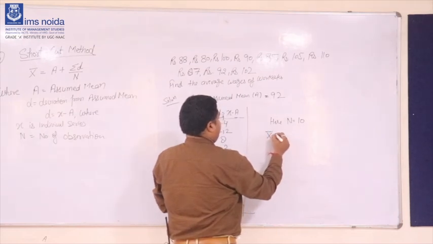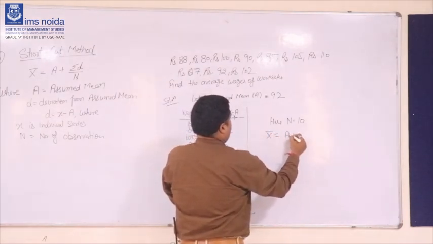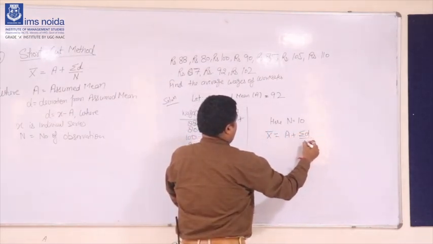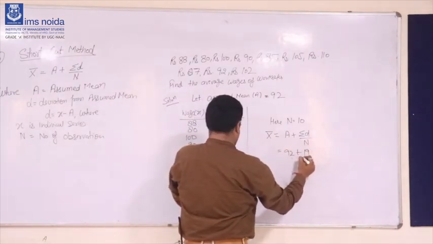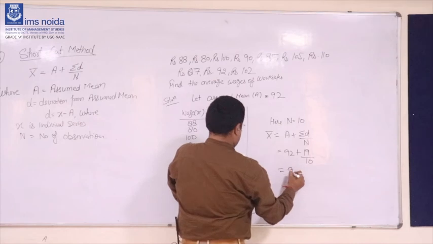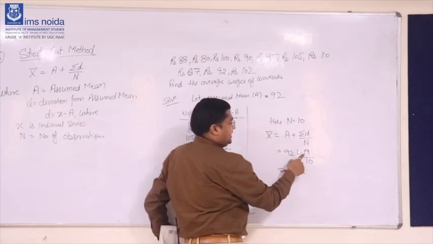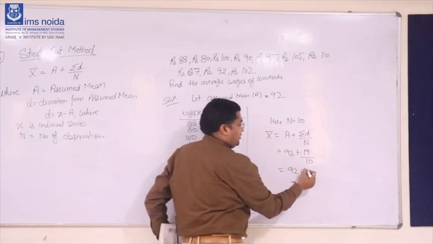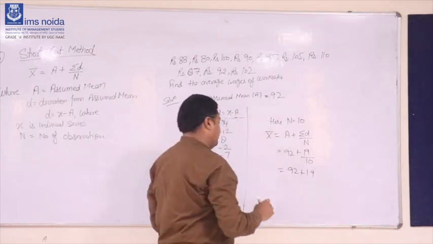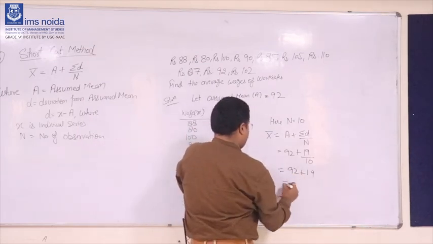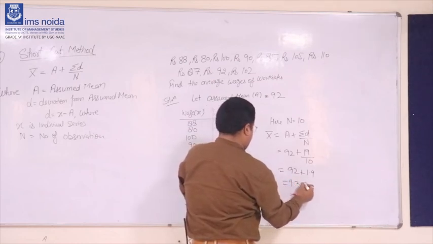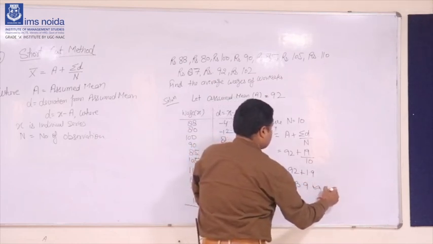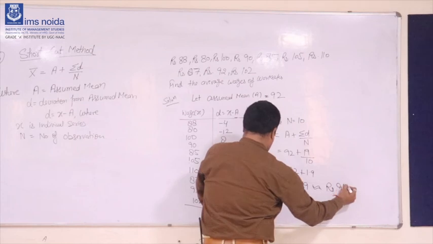We will find the mean, that is A plus summation D upon N: 92 plus 19 divided by 10. 19 divided by 10 is 1.9, and 92 plus 1.9 is 93.9, approximately rupees 94.